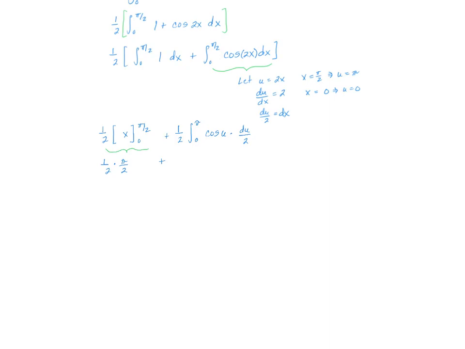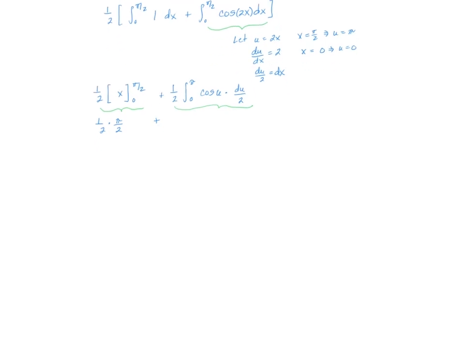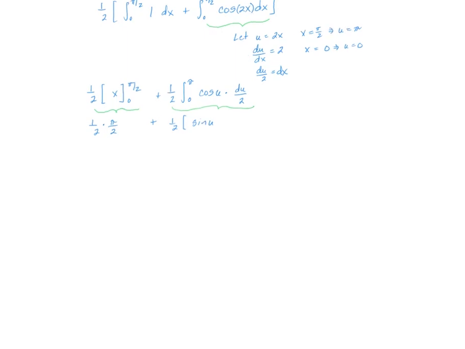This second piece is all in terms of u. That would be 1/2 times the integral of cosine is sine of u. And then we have this du over 2, which is a 1/2. So what I'm going to do now is pull that 1/2 out, and this 1/2 in the front becomes 1/4.